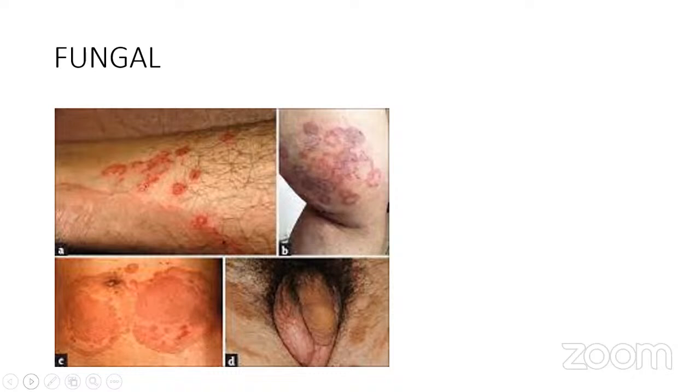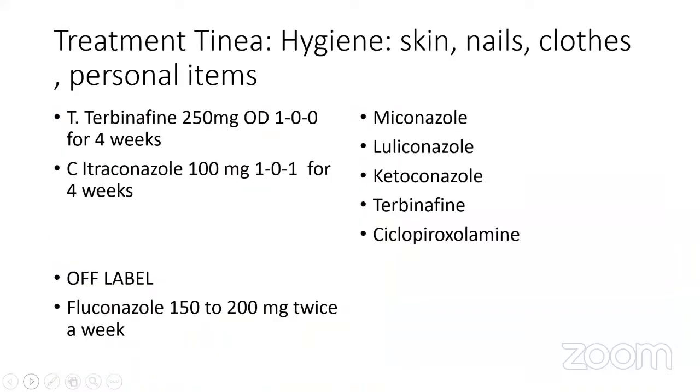In steroid modified tinea, the inflammation will be low, so scaling will not be there, and the classical annular lesion won't be there. Next slide. So tinea, the patient usually comes with itching, and it's mostly in the groin. Tinea can be anywhere, but mostly it's in the groin and in the buttocks.